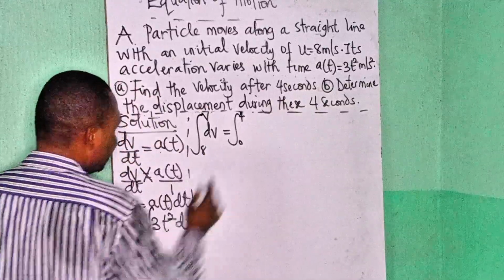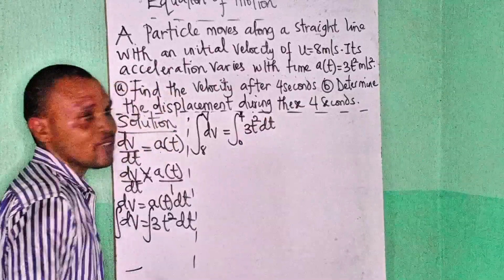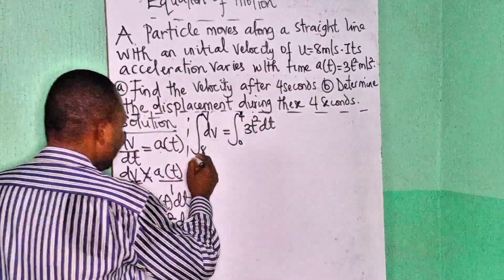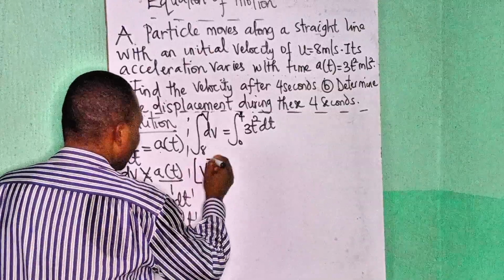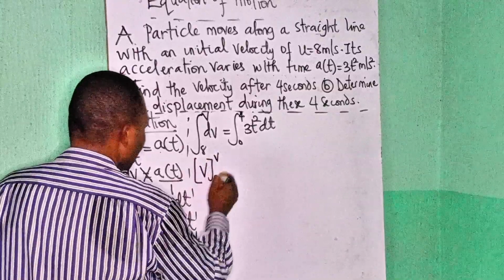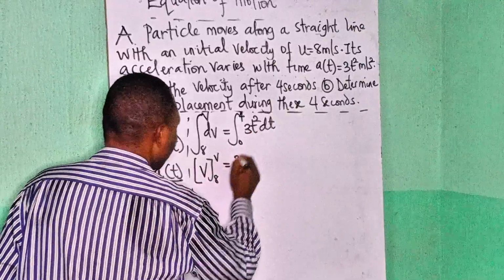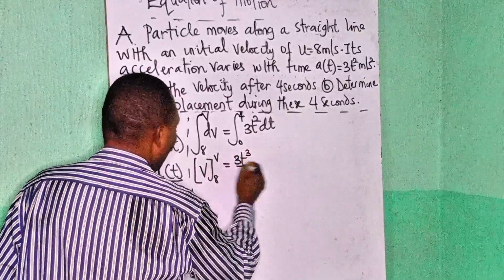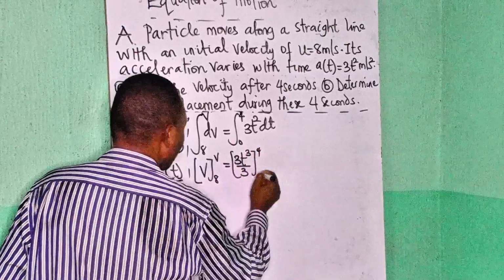And then we're having 3t squared dt. Okay, so if you integrate, we'll be having v as it runs from 8 to v, and then we are having 3t cubed over 3, as it runs from 0 to 4.